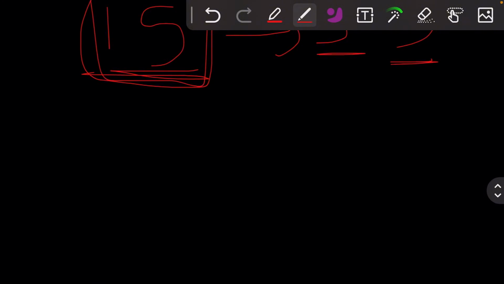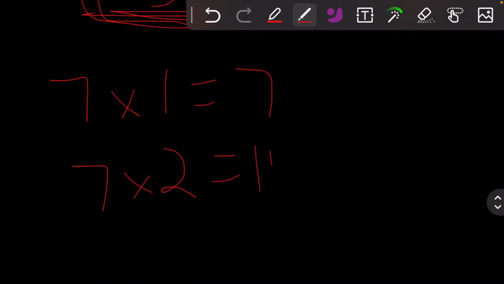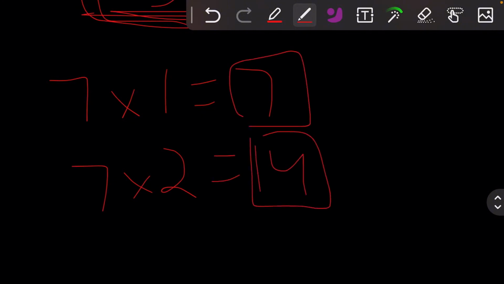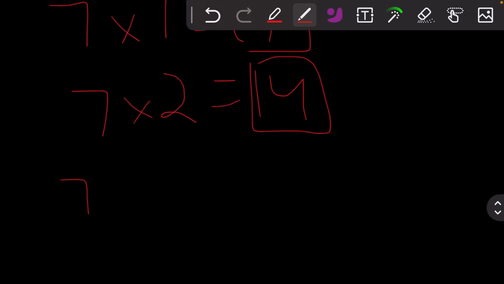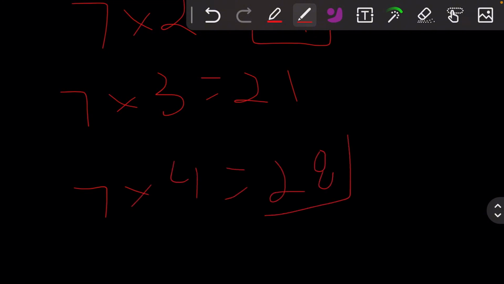So for example, if we have the number 7, the multiples of 7 are 7 times 1, 7, 7 times 2, 14. 7 is a multiple of 7. 14 is a multiple of 7. 7 times 3, 21. 7 times 4, 28. These are multiples of the number 7.